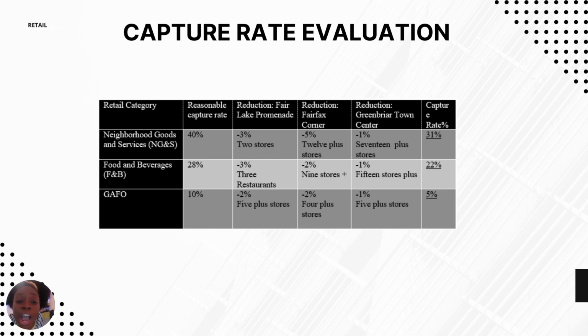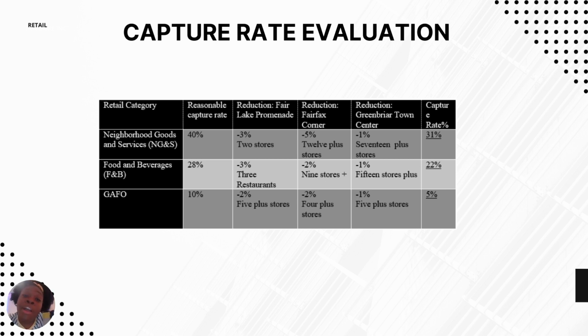Next, I examined Fairfax Corner. Even though it has a highway barrier, because sometimes people don't like driving too far, they have 12 plus stores, so I gave them the highest rating of -5, subtracting from the reasonable capture rate.